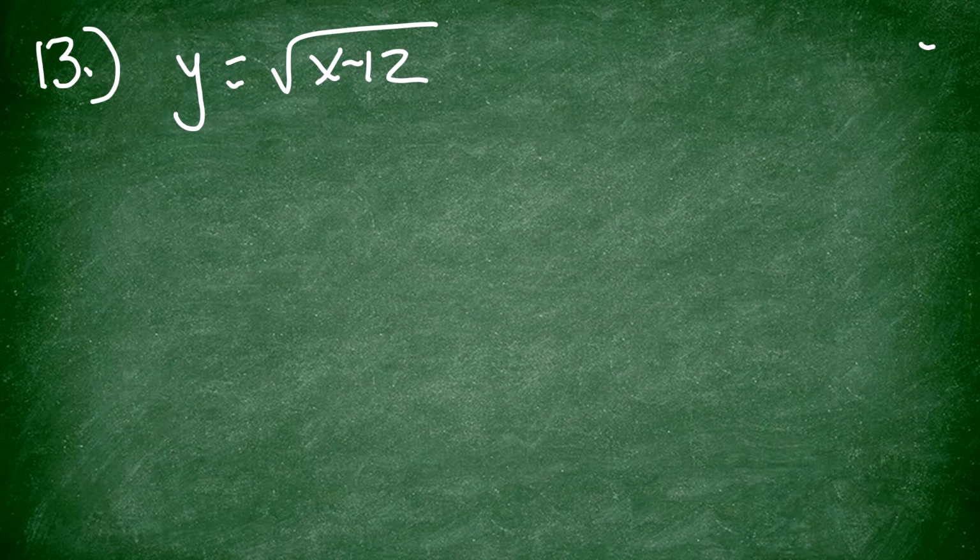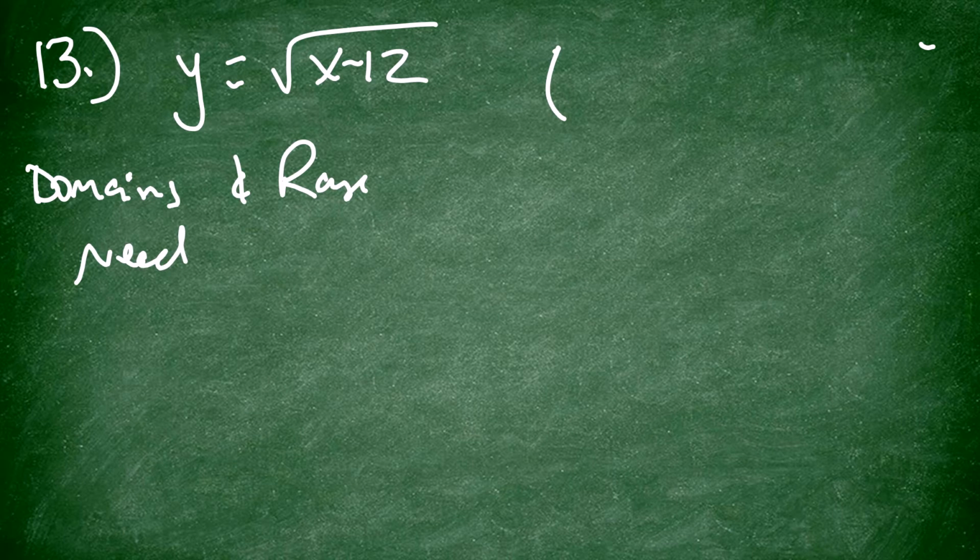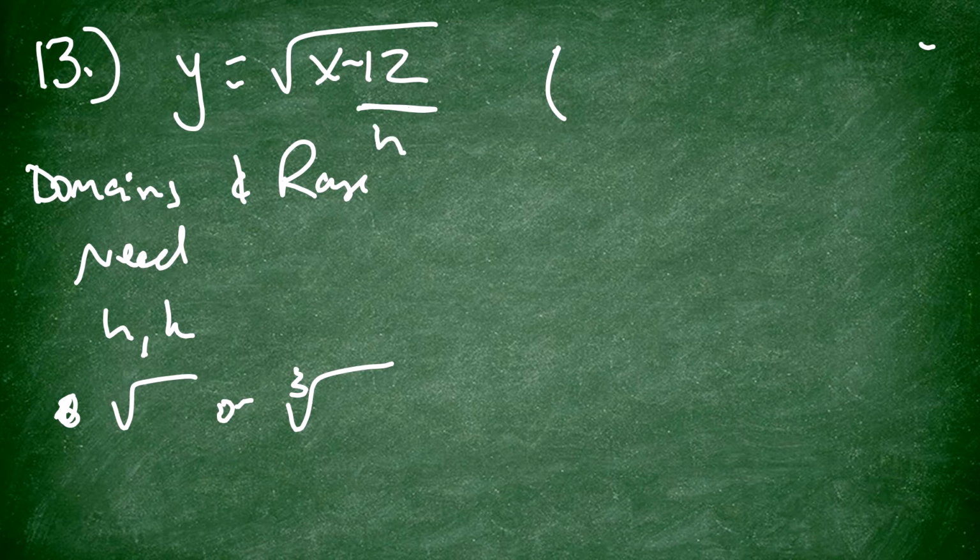All right, 13. I see it's a square root, so I find h and k first. Even though I'm going to find domain and range without graphing, you need h and k, and you need to know whether it's a square root or cube root. That's it. So I find h and k. There's h. There is no k, so I have 12, 0, because remember, we don't trust the negative 12. They're hanging out with our x.